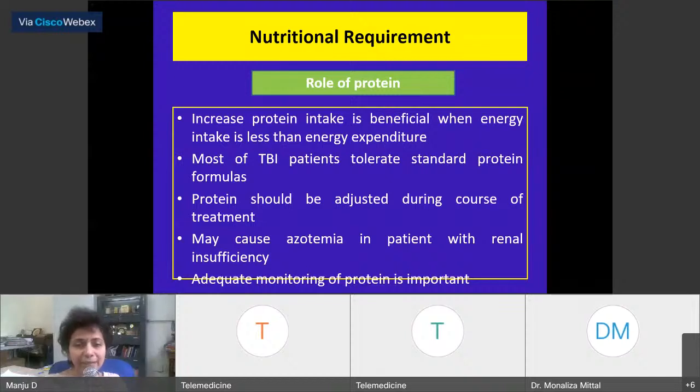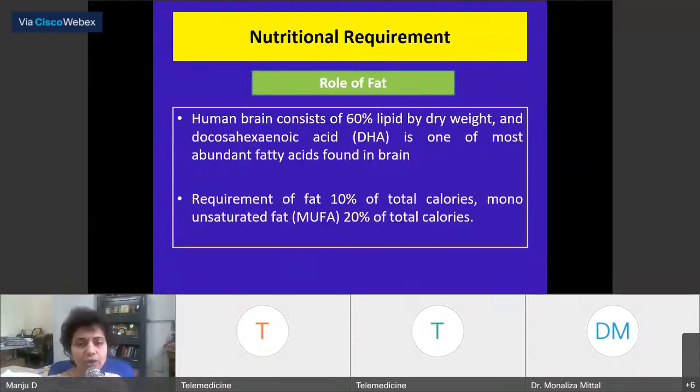Increased protein intake is beneficial when energy intake is less than energy expenditure. I told you that their energy expenditure is very high. Most TBI patients tolerate standard protein formulas, whatever is available, kitchen feed or commercial protein preparations. Protein should be adjusted during the course of treatment, and if the patient has renal failure or acute kidney injury, we have to be vigilant while administering protein.